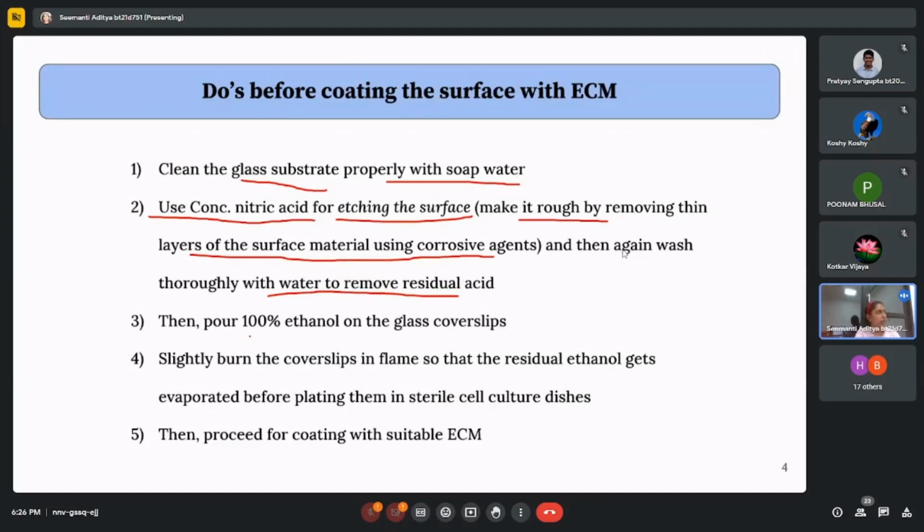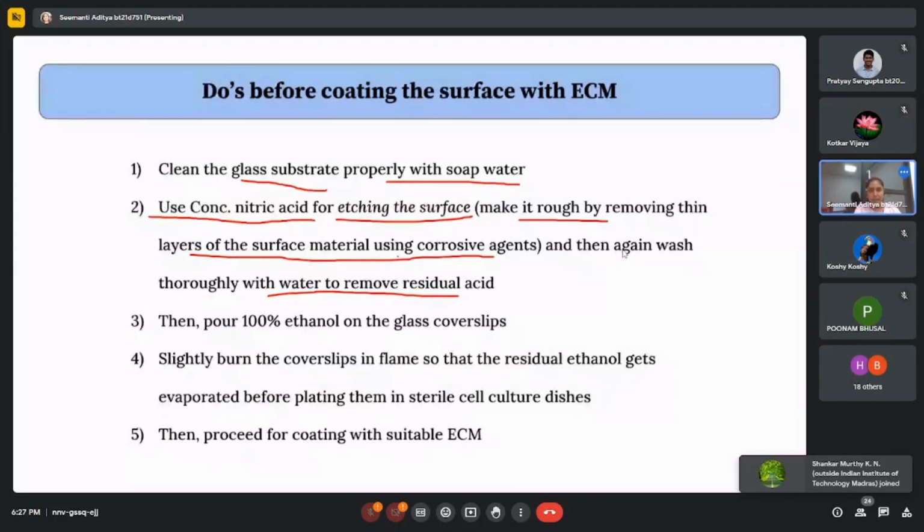If it is there on the cover slip or if it is not properly washed off, then the cells will die. So every time we are washing, we have to be very careful that there should not be any residual soap water, residual acid or residual alcohol in the dishes that we are going to grow the cells in.